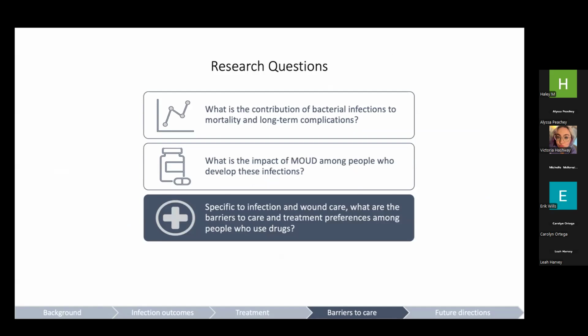But we need to also consider the difficulties in getting access to care in the first place, and think more about what other strategies we can use to get people access to the services that they need, in consideration of what structural barriers are already there.